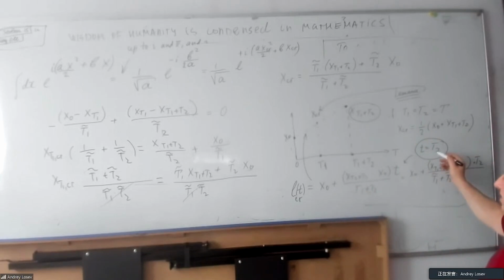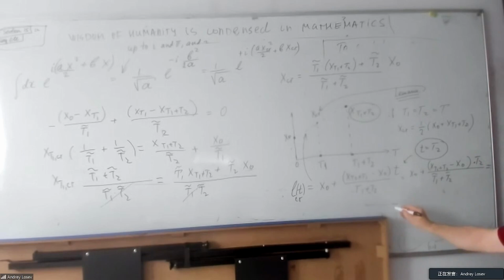What would it be if I plug in t2? The things go right with the denominator. It is easy to see that if I simplify this expression, I will get x0 times (t1 plus t2), plus x_{t1+t2} times t2 minus x0 t2.